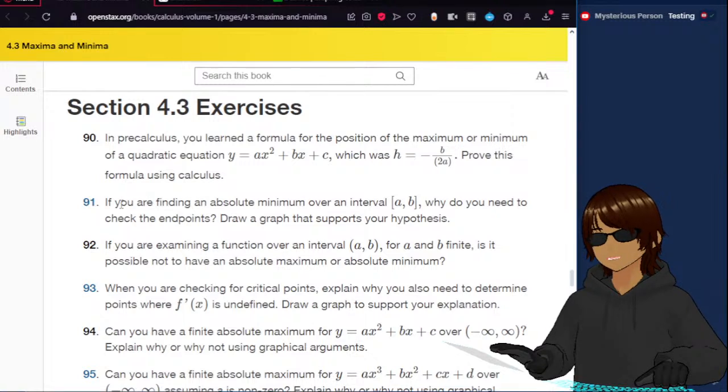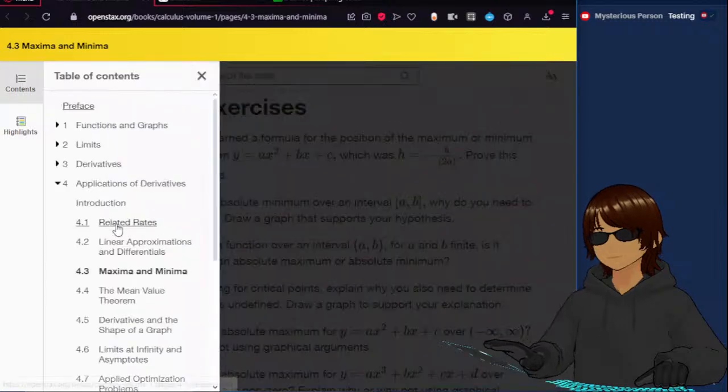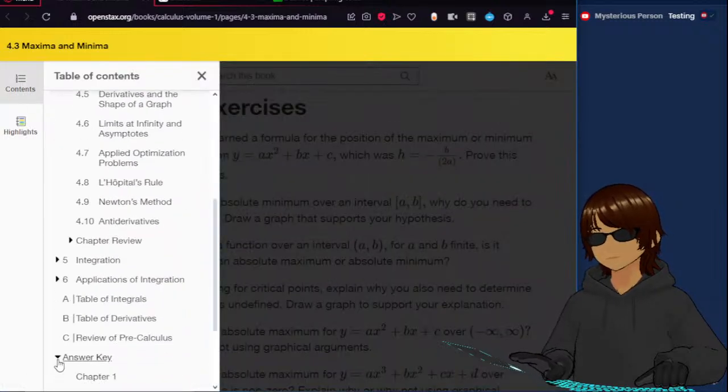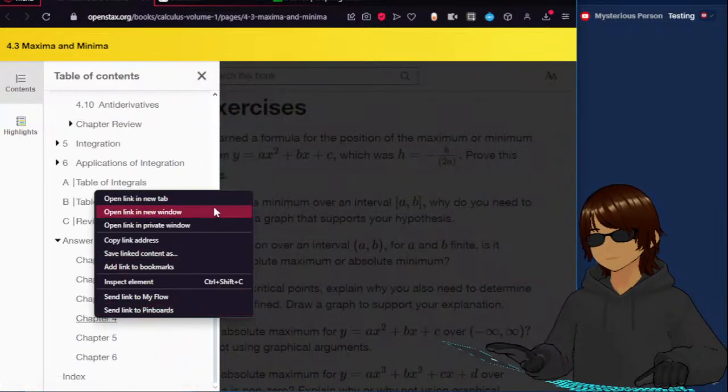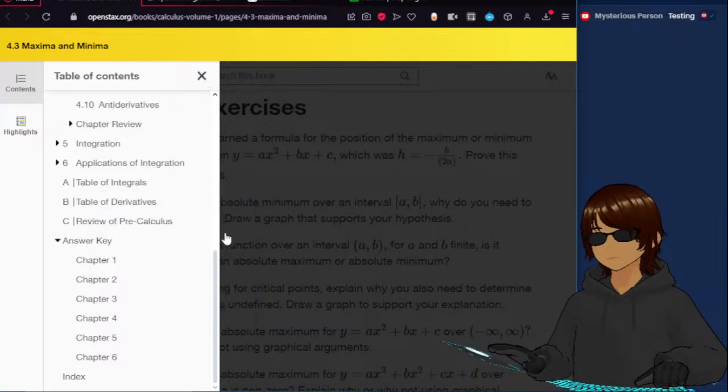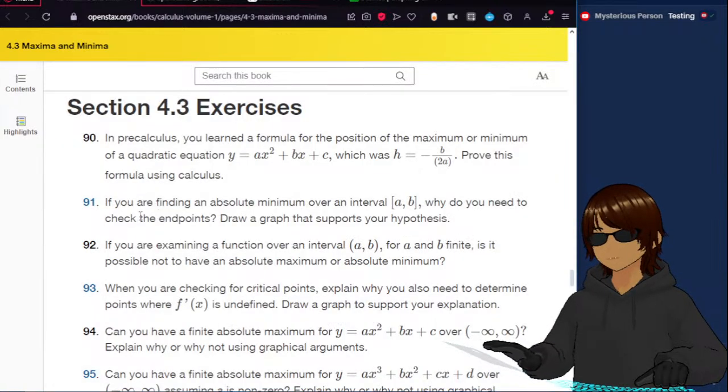If you're finding an absolute minimum, wait, let me get the answer key out. If you're finding an absolute minimum over an interval a and b, why do you need to check the endpoints?